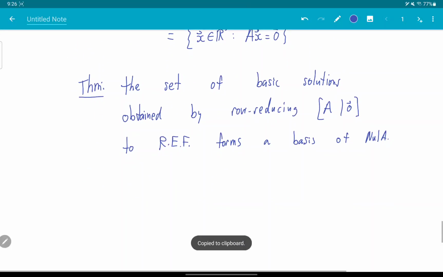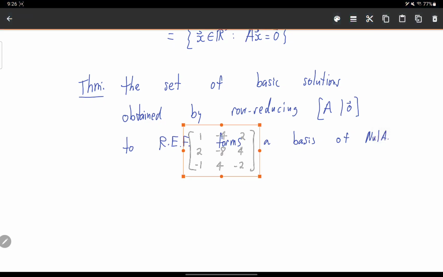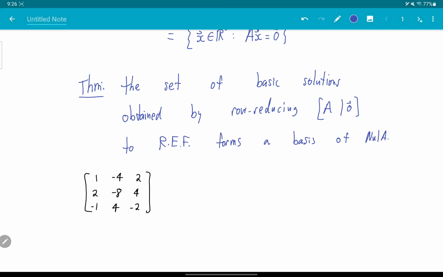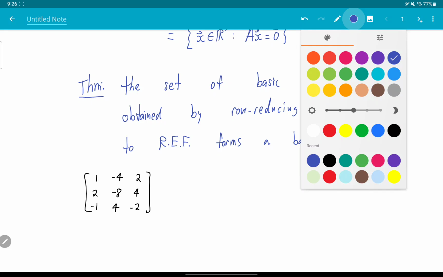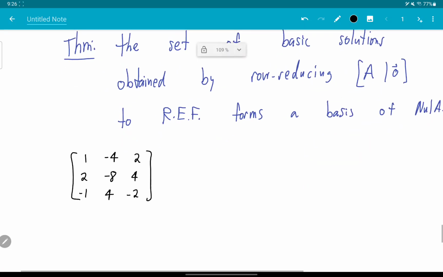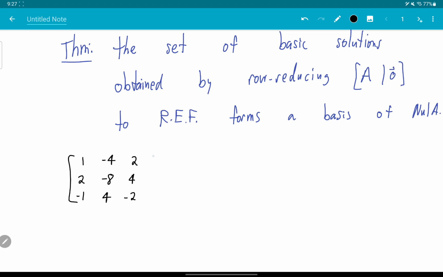All right, so let's copy paste this matrix. So I'm going to reduce this. I'm looking at AX equals 0, so I guess I don't need to, but I should put a column of zeros there.